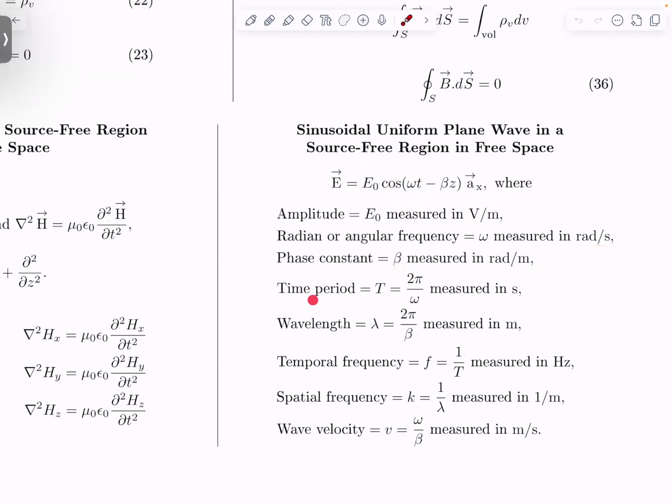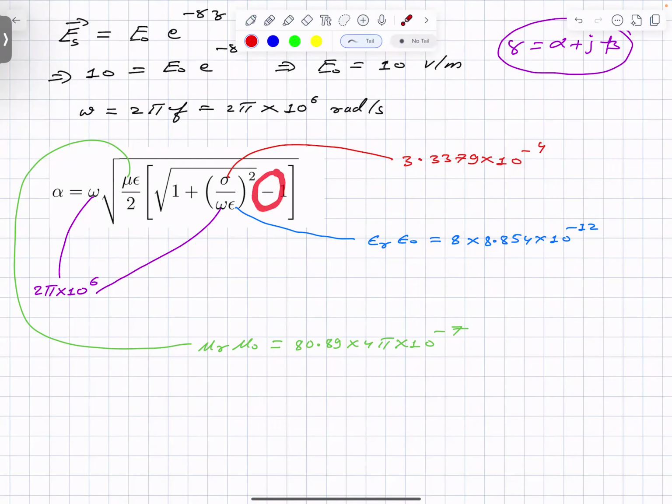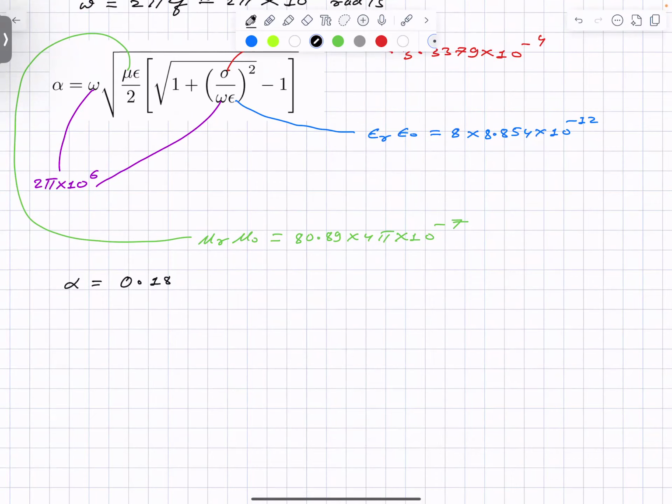Can you type it in your calculator? And the difference between alpha and beta: all you have to do is change the sign to plus. That gives you beta. I actually wrote down the numbers. So alpha should be equal to 0.1885, and the unit for alpha is Nepers per meter.